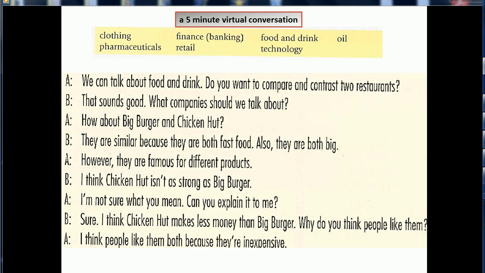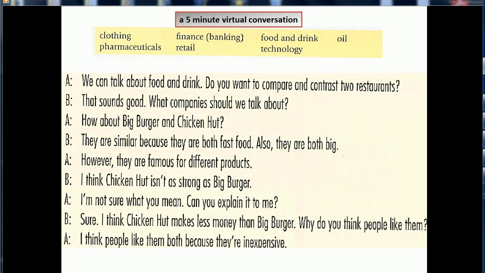For example, clothing, pharmaceuticals, we have retail, food and drink, oil, and technology. I need you to investigate a little bit about one of these terms, and in your conversation you are going to talk about that by using contrast or by comparing.